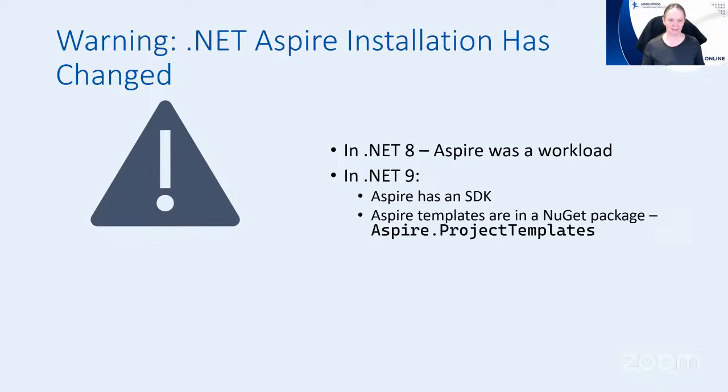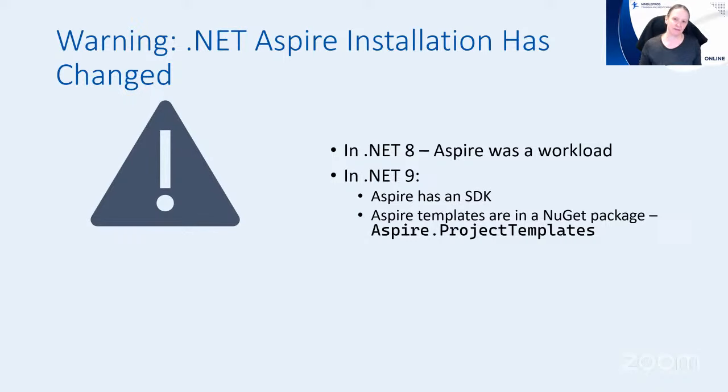Now that said, let's say you have .NET 8 already installed. You have Aspire already installed as a workload. You have your .NET 9 installed, but you didn't install the SDK. Is Aspire broken? Not necessarily. The Aspire features from .NET 8 will be working just fine, but .NET 9, no guarantees. So you need to install that SDK.